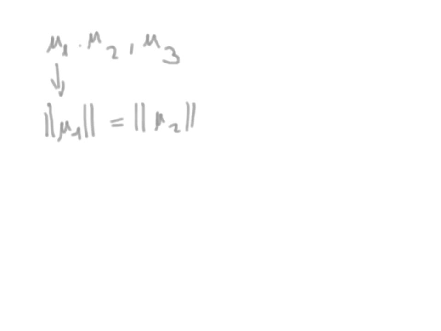So if you have a set u1, u2, and u3 that is an orthonormal set, then you will have the norm of u1 equal to the norm of u2 equal to the norm of u3 equal to 1.